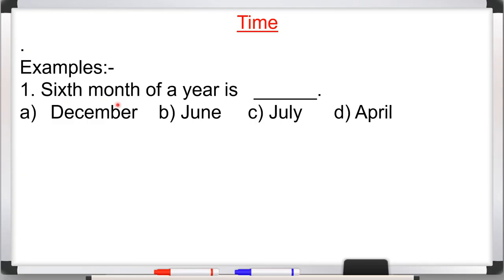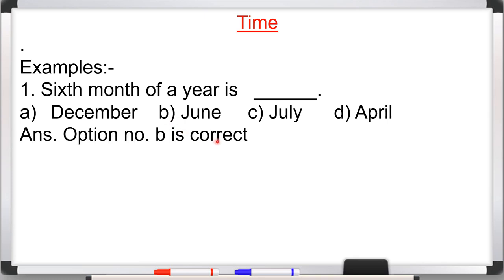Starting from January, because January is the first month of a year, we will count the sixth month. January, February, March, April, May, June. So here June is the sixth month of a year. So what is our answer? Option number B is correct. June.